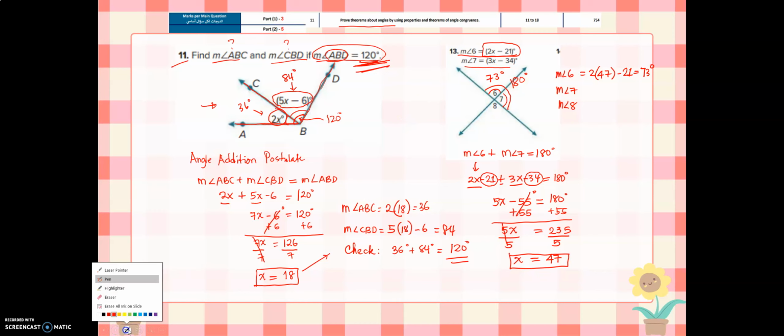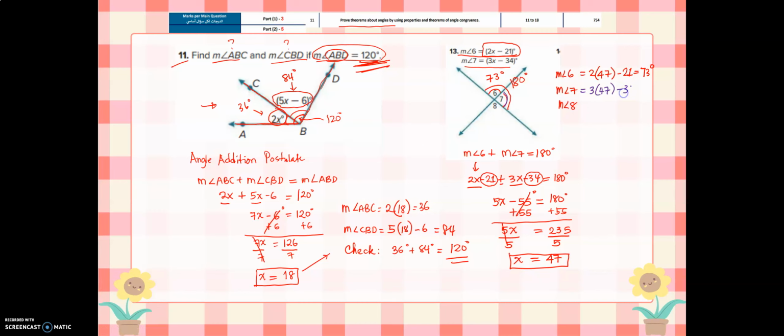And then let us work on the measure of angle 7. For angle 7, we have the measure, which is 3 times 47, minus 34. Sorry, not 21, it's 34.